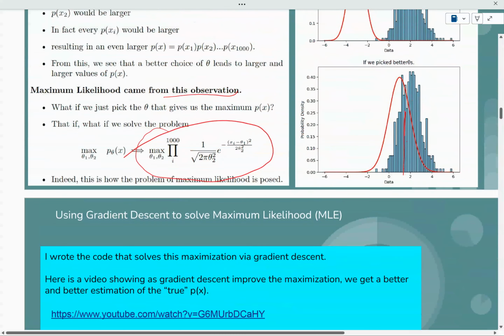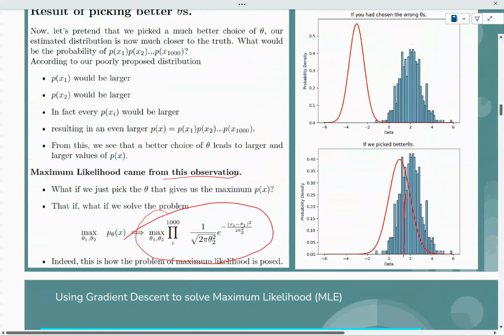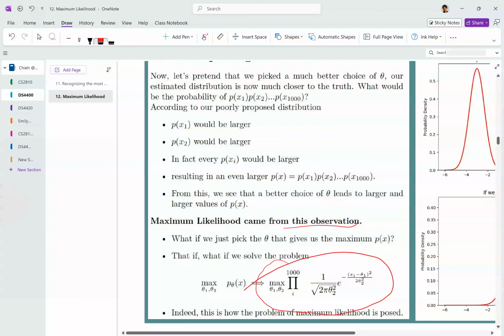So I actually wrote the code to do this, and I'll show you the video. It looks something like this here. So you can see, if I press play, I'm running gradient descent on this objective that we just saw.